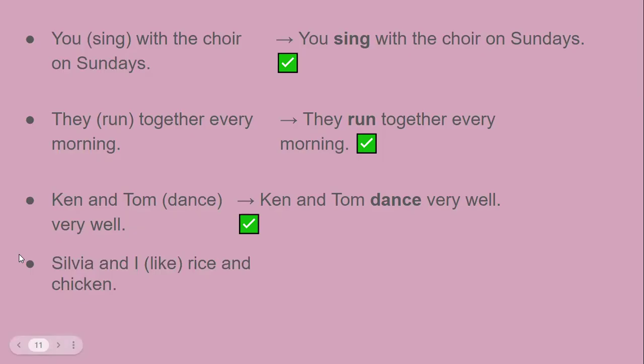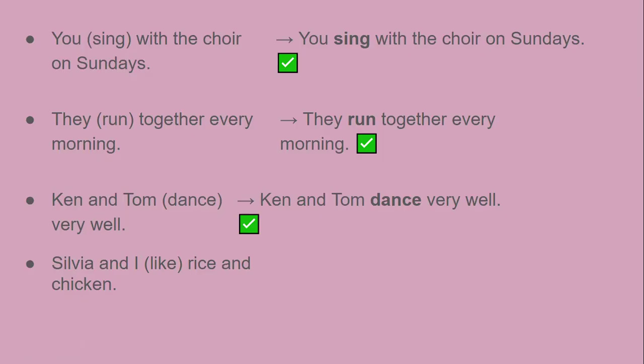Next up, Sylvia and I like rice and chicken. So we've got the subject she, and another subject I. So you've got she and I, which is the same as we. Why? Because I'm including myself.